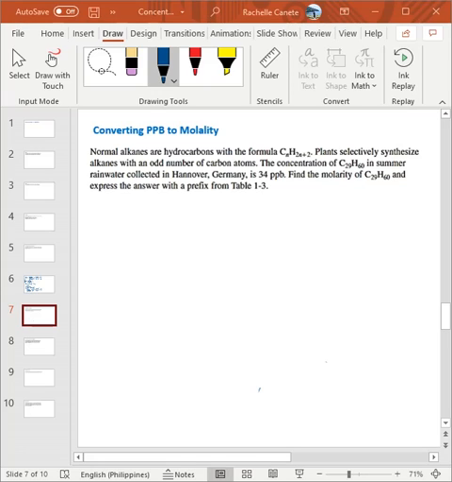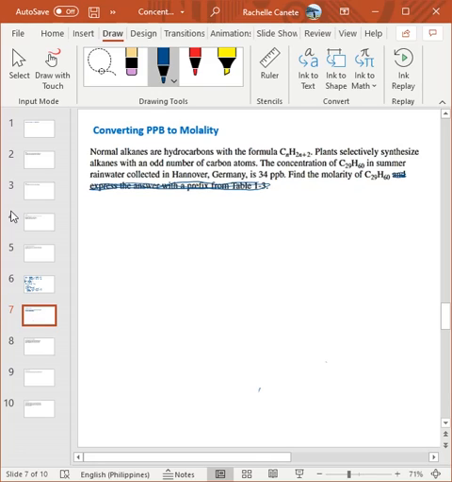And we are asked to find the molarity of the alkane, and let's neglect this part, and express the answer with a prefix. But we can try, but it's not a need, okay? It will be shown in table 1-3, okay?